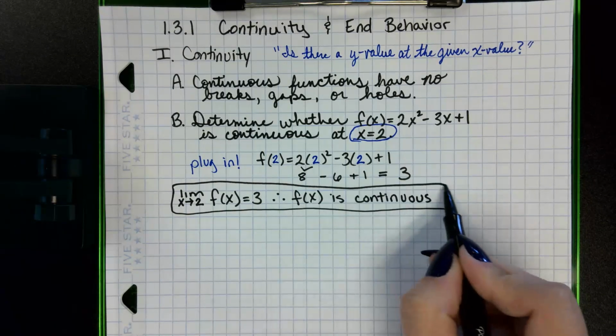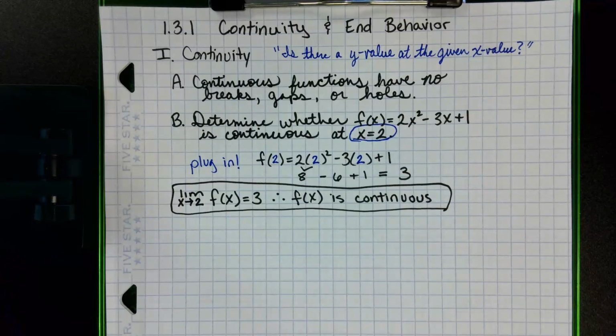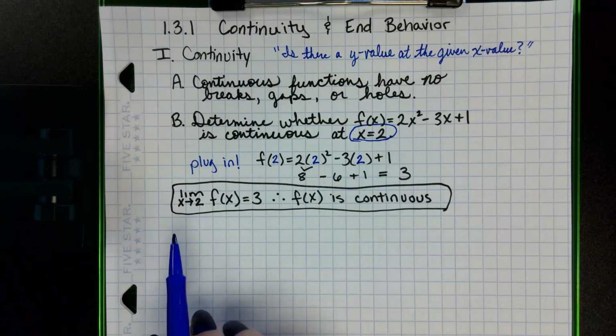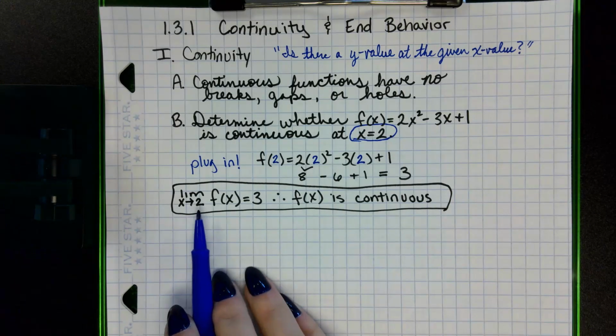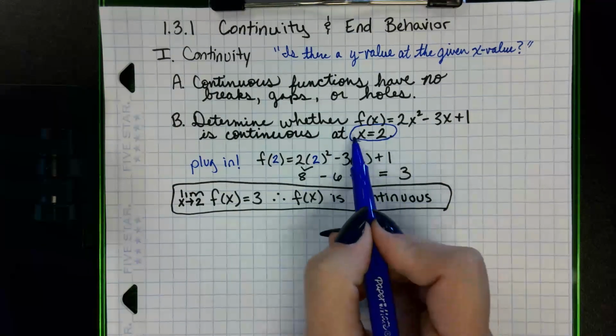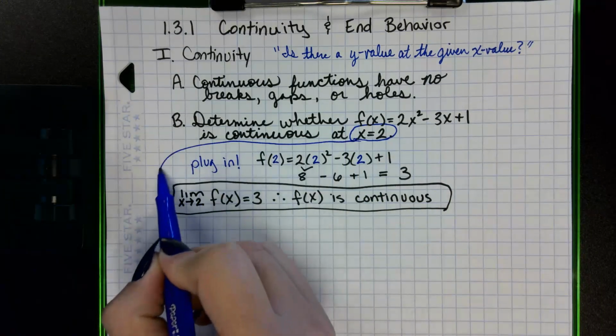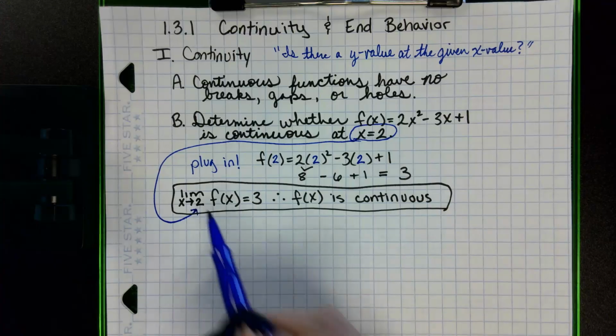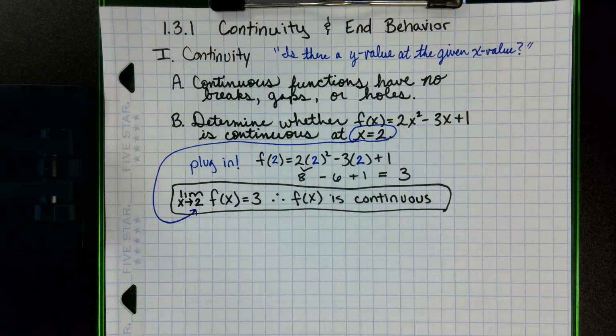We're talking about it being continuous at x is 2. So in my limit notation, this 2 came from the problem where I was told I'm evaluating at x equals 2. So I'm writing the limit at 2 because that's where it told me to look.